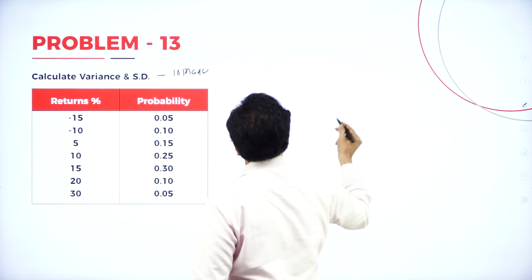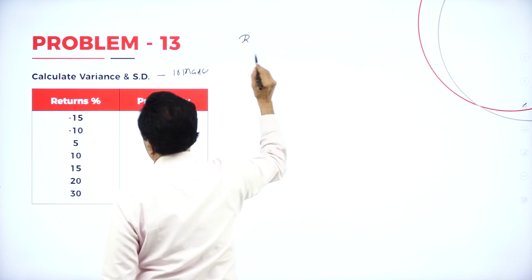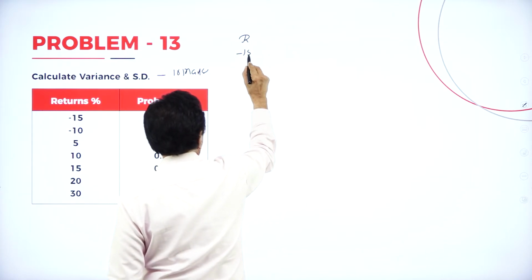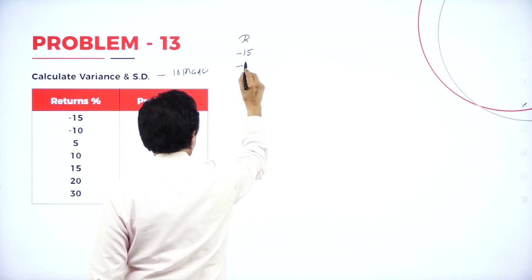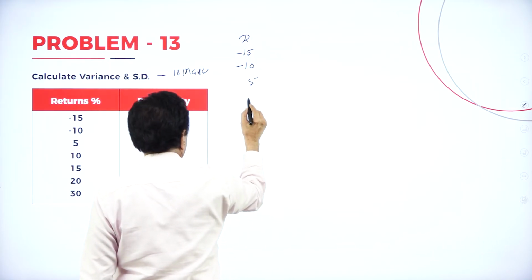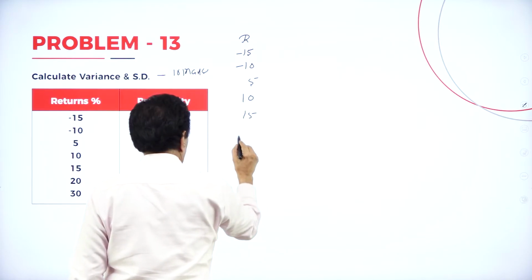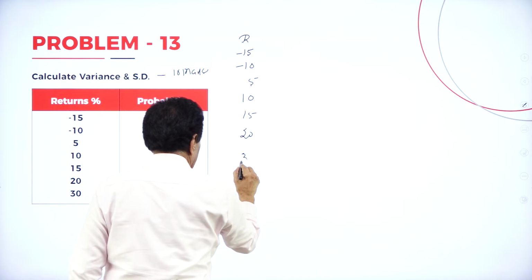So returns: minus 15, minus 10, 5, 10, 15, 20, 30.